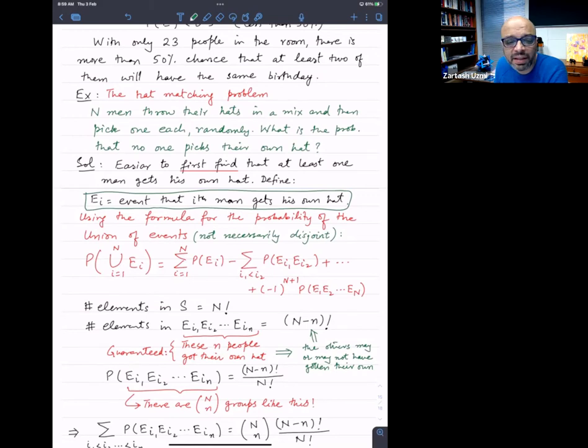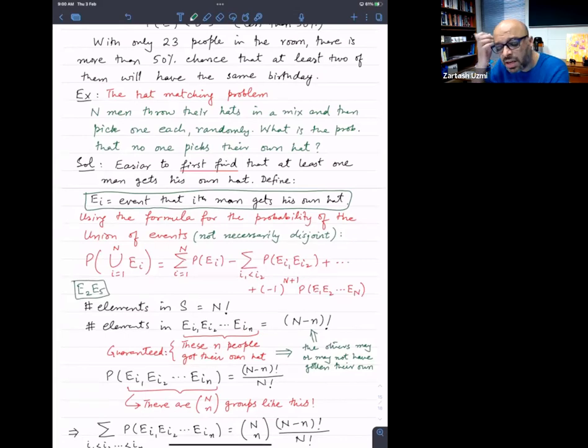What is the event E2? That the second person got his own hat. नहीं पता हमें फर्स्ट का, थर्ड का, फिफ्थ का क्या हुआ है, but E2 is the event that the second person will get his own hat. ठीक है. So what is the event E2 and E5? What is this event?